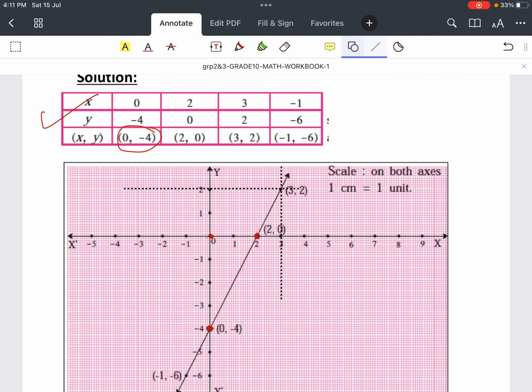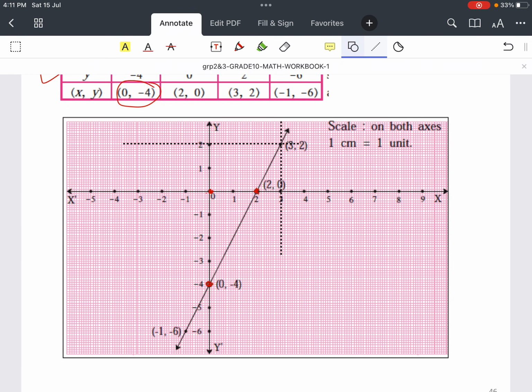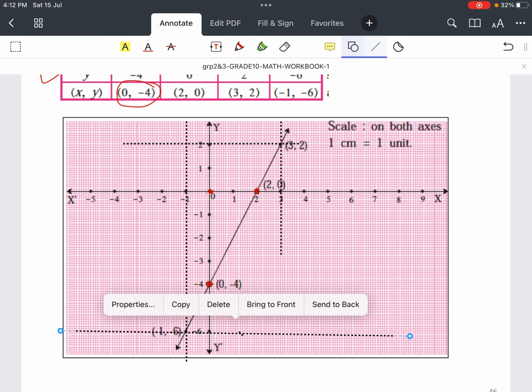Similarly, the last point is minus 1 and minus 6. So draw one line like this. Okay, so this is minus 1. Now draw one line from minus 6. Clear? Like this. Okay, chalo.